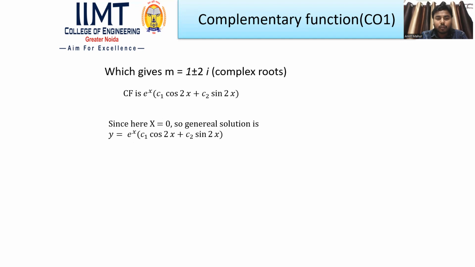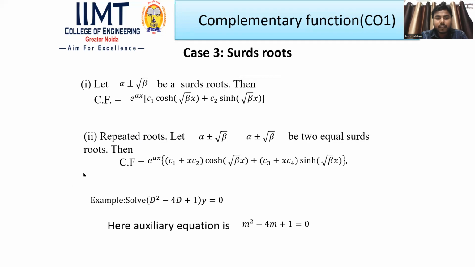Now I am going to discuss case third, when roots are surds. Let α ± √β be surd roots. Then CF is e^(αx) (C1 cosh √β x + C2 sinh √β x).